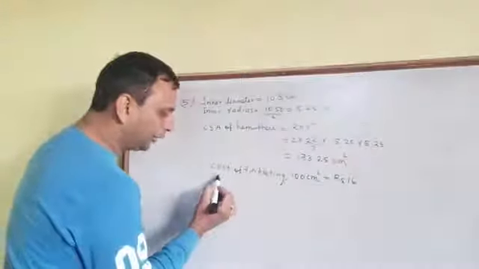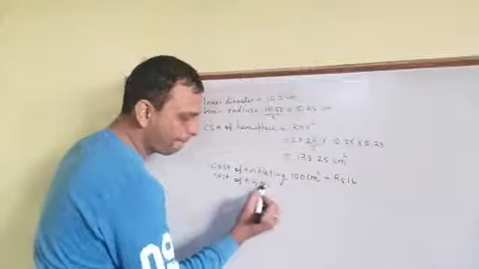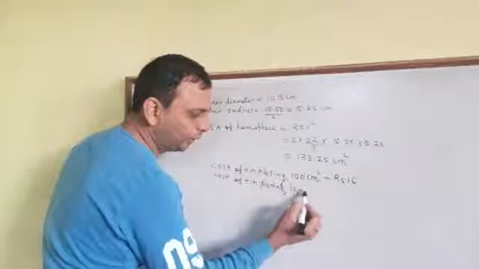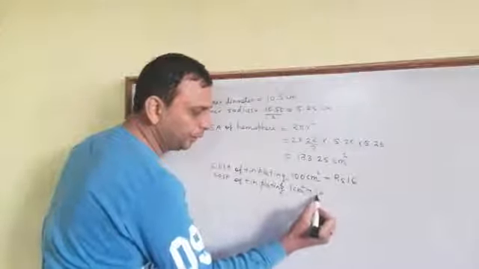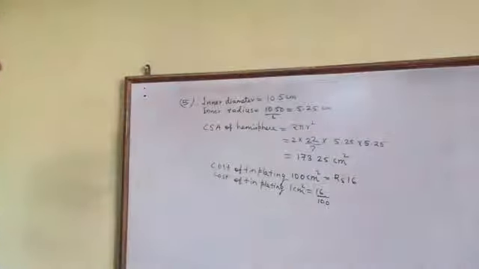The cost of the tin plating for one centimeter square will be 16 upon 100. 16 upon 100 is the answer. Now this much we got. Now we have to find the total cost.